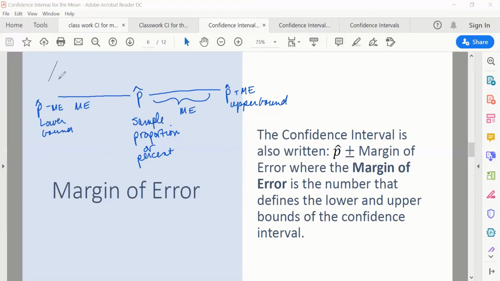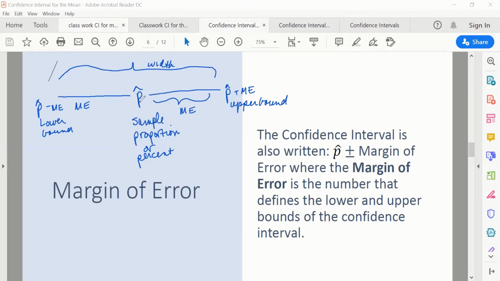And that gives us the total width, which is the same as twice the margin of error. So the width pretty much stays the same with the same rule of doubling the margin of error, for the same reason, that it's just the same looking interval.